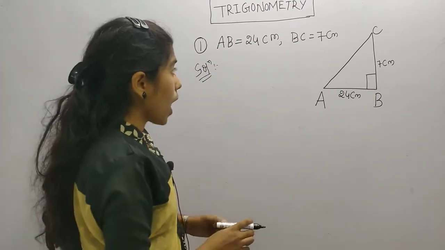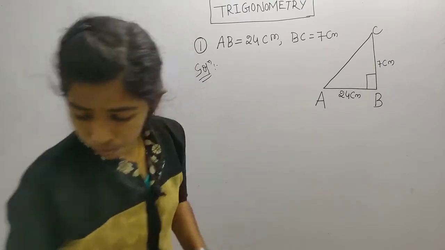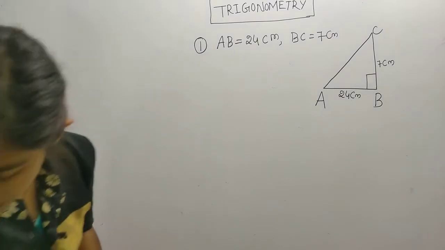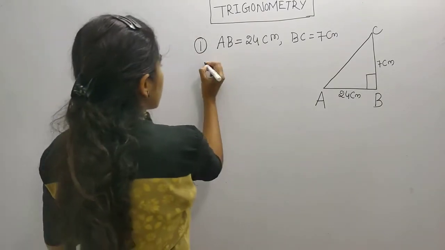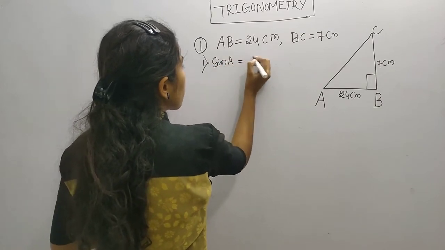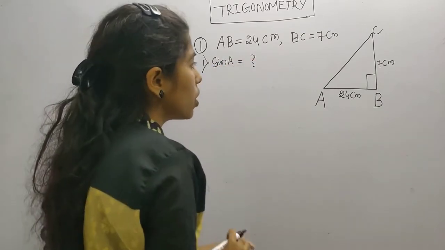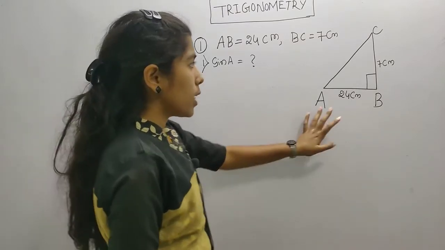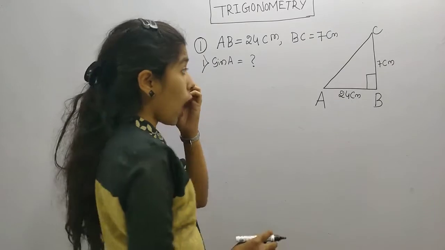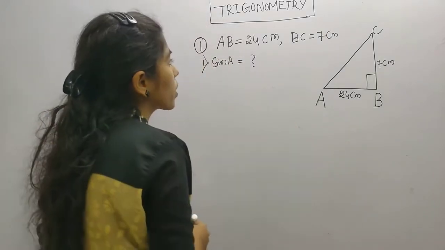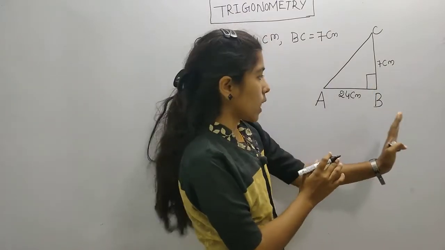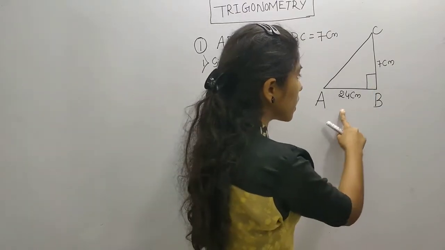In the question we have to determine, AB is given, BC is given. So first we have to determine sin A. In this triangle AC is missing, how will we find it? First of all, let's move to the triangle. Here you can see AB is given.